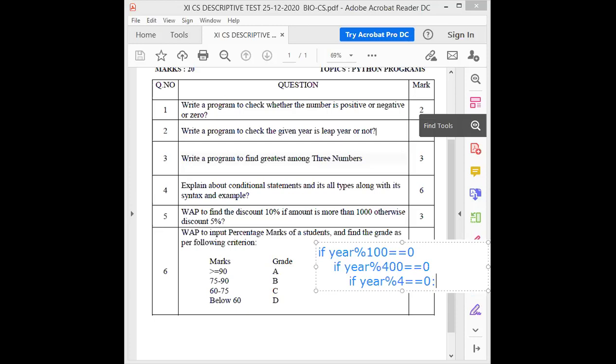If a year does not satisfy these conditions, then that year is a non-leap year. Students, everyone understood or not? Yes, sir. Okay, so like that you have to implement. The solution for this program is available in the program file which I shared with you.